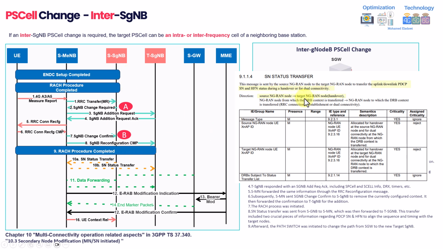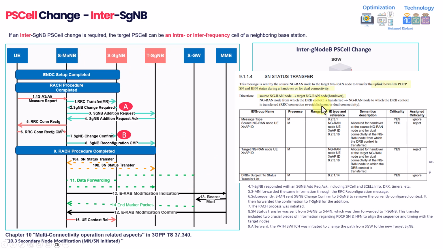In this case, I will explain what both of them mean. If you find this message, it initially flows from the serving 5G node to the master node, then exactly the same information is forwarded from this 4G node to the target 5G node.